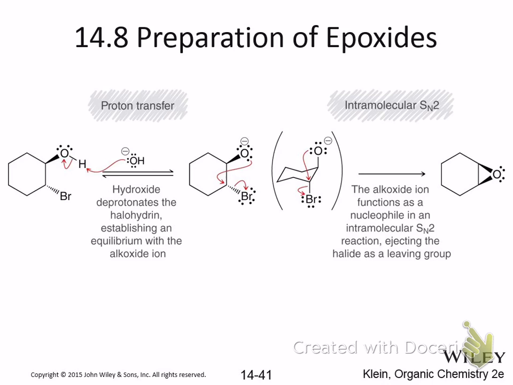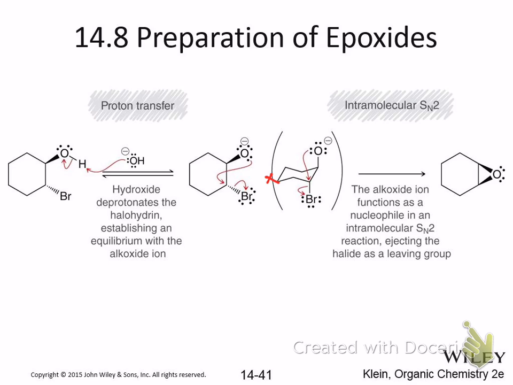One of the questions, I think, in the homework that I assigned talks about rates of reactions. If you have a large group, so let me draw on this slide really quick. This reaction will be faster if you put a large group so that it forces those two to be in the axial position.